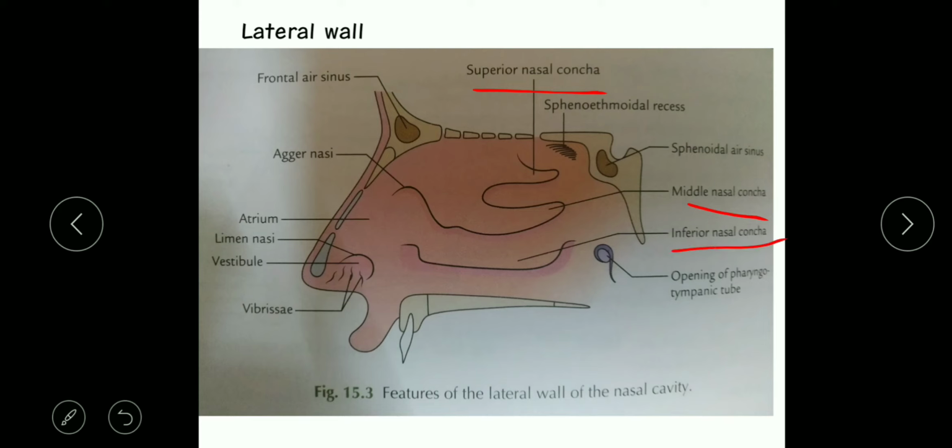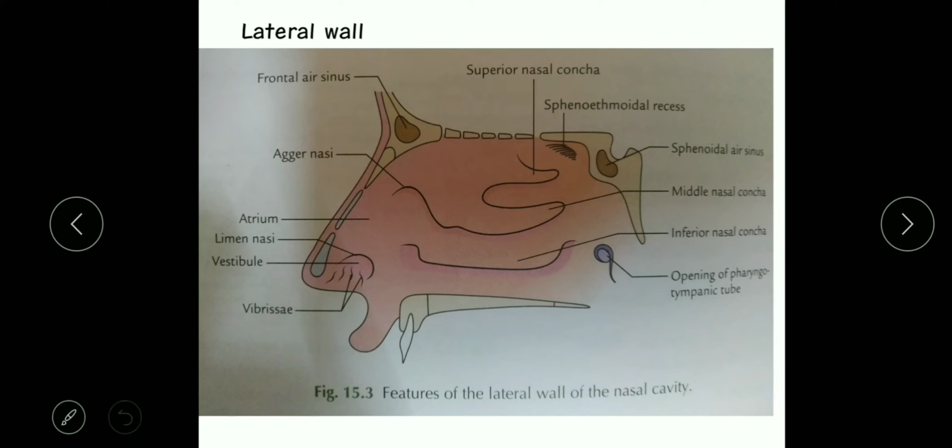The middle concha is a curved bony projection from the medial surface of the ethmoid bone. So both the superior and middle nasal concha come from the ethmoid bone. But the inferior concha is an independent bone. So these are all the conchas.